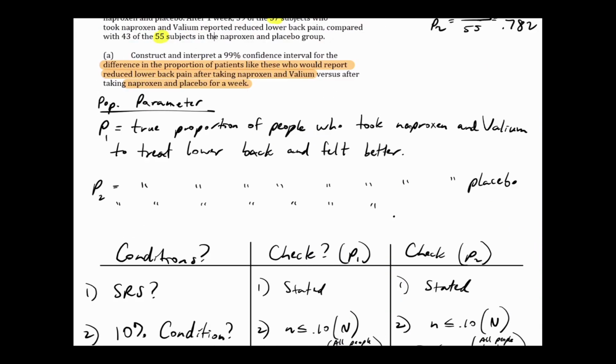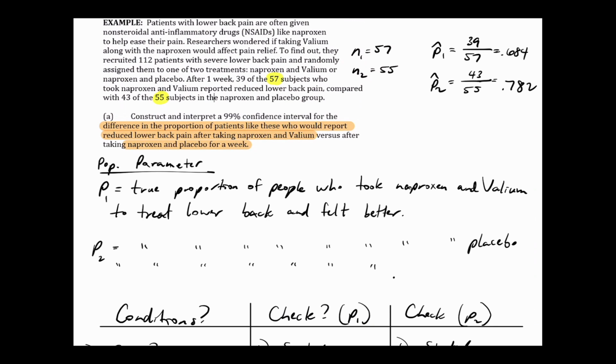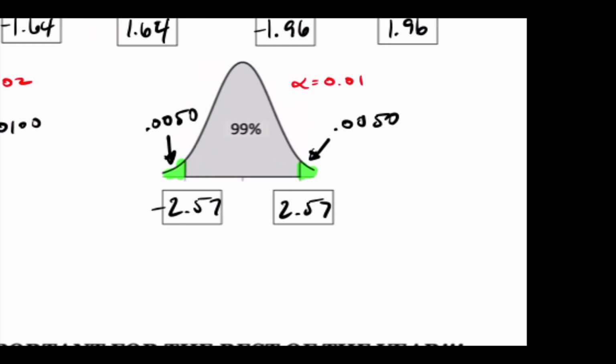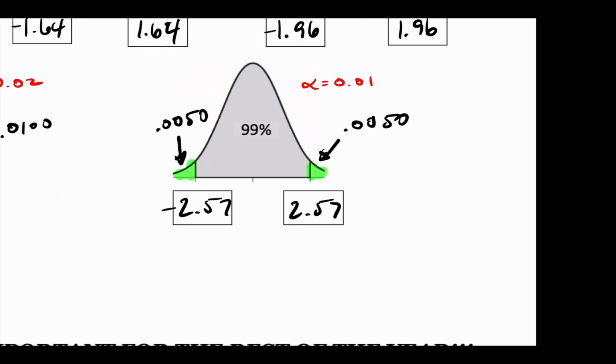This one is a 99% confidence interval. So you could either go to your tables or it's in our notes from the beginning of confidence intervals. So for 99%, Z critical is 2.57.